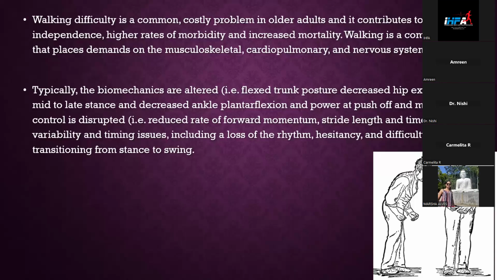Perfect. So the next is ataxic gait. What is ataxic gait? Cerebellar gait. Okay, but what does happen in that? It means a person walks like a drunk man. Okay, very good. How do they walk? Can you explain that? Unsteady, irregular steps.